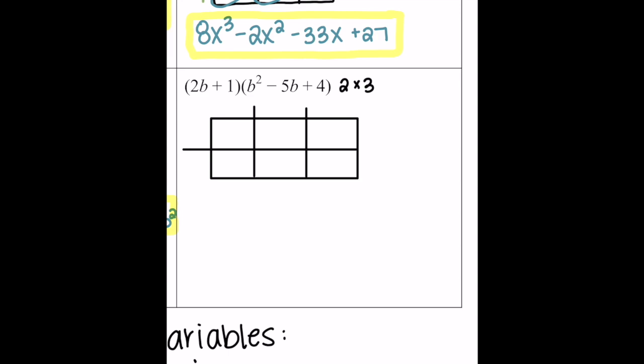Okay, in our rows, we have 2b and positive 1. In our columns, we have b squared, negative 5b, and positive 4.